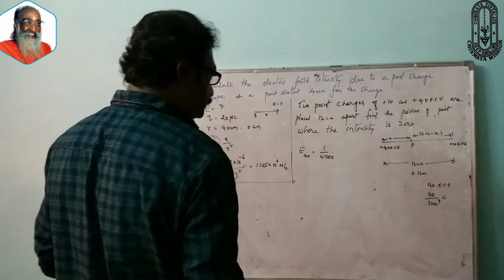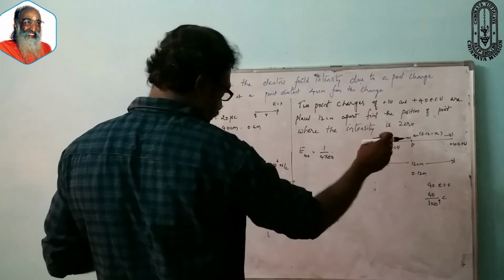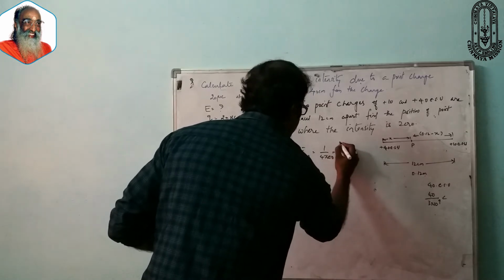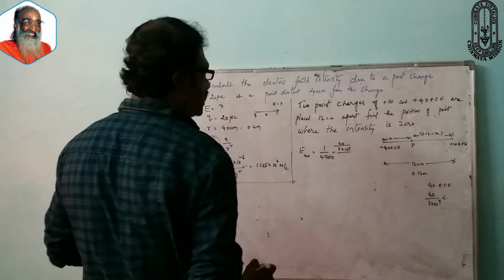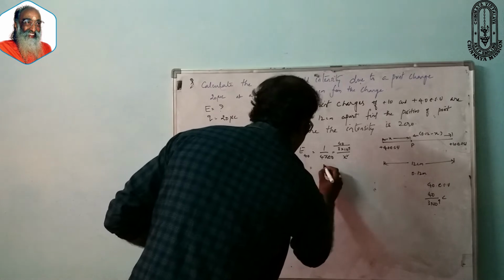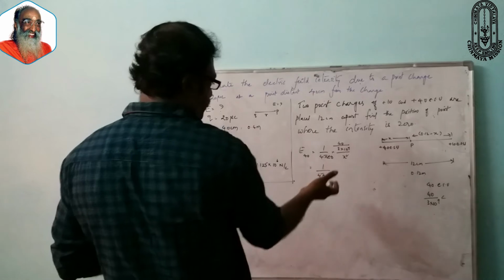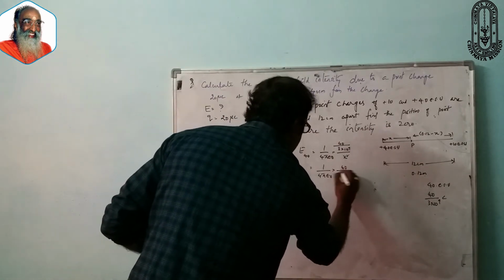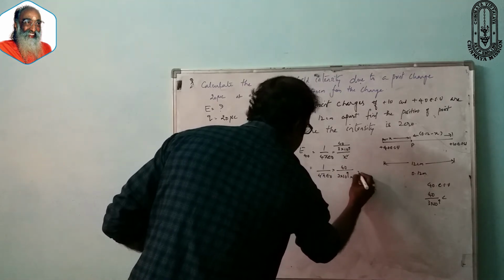So instead of Q, it is 40 by 3 into 10 to the power of 9 by R square. What is R square? X square. So it is 1 by 4 pi epsilon naught, no need to make it 9 into 10 to the power of 9, you will understand it later. It is 40 by 3 into 10 to the power of 9 into x square.